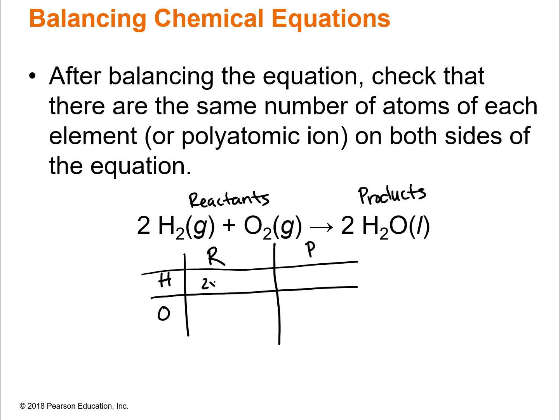We've got 2 times 2 equals 4 atoms of hydrogen in the reactant side. And we've got 2 oxygen atoms. Product side, we've got 2 times 2 equals 4, and 2 times 1 equals 2. So we've got the same number of atoms on each side. That's how I like to check my work.